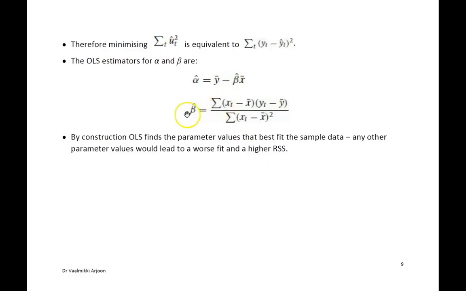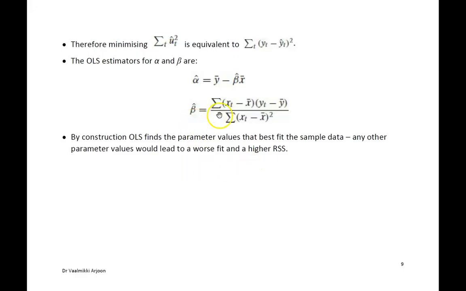So this is the sum of xt minus the mean of x times yt minus the mean of y, divided by the sum of xt minus the mean of x, all squared. That's how you determine beta hat.